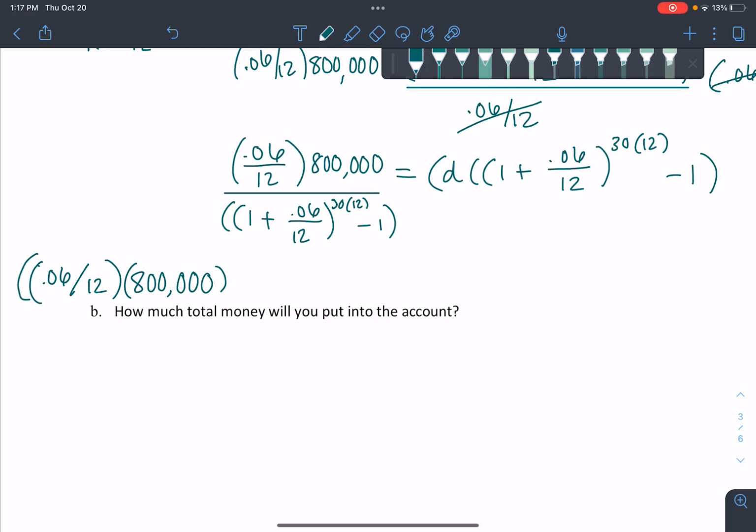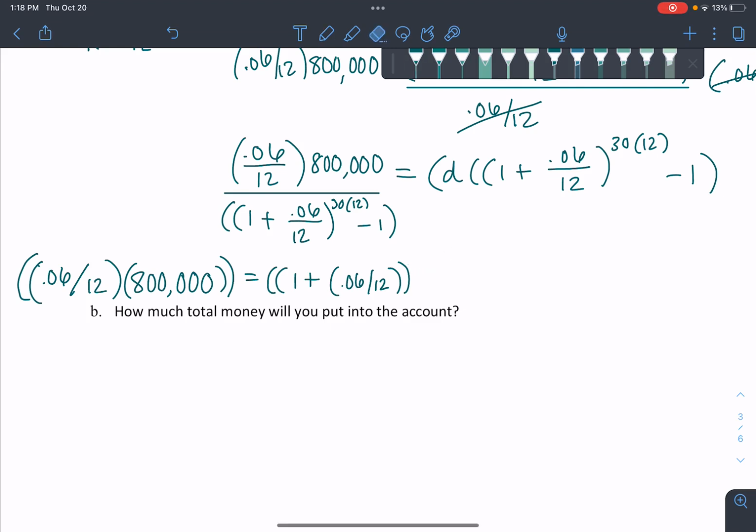So one more set of parentheses, because that's like the whole numerator, equals, and then we're going to put this parenthesis, 1 plus 0.06 over 12 in a parenthesis. And then close the whole thing up. 30 times 12. And, oh yeah, I'm sorry, I'm not doing calculator speak.